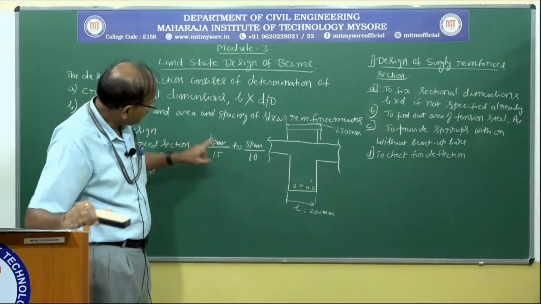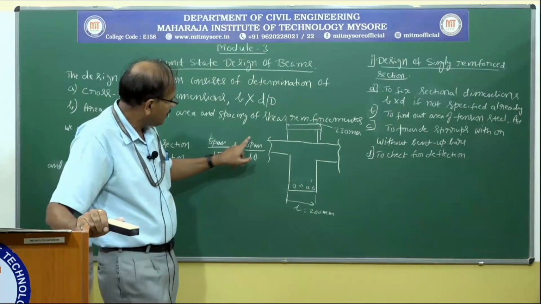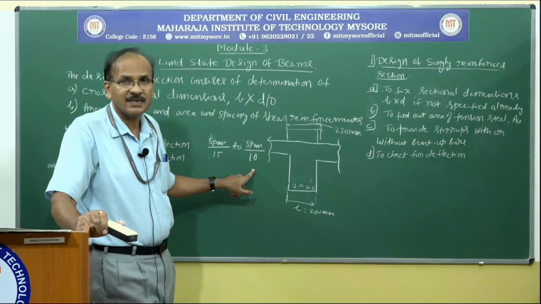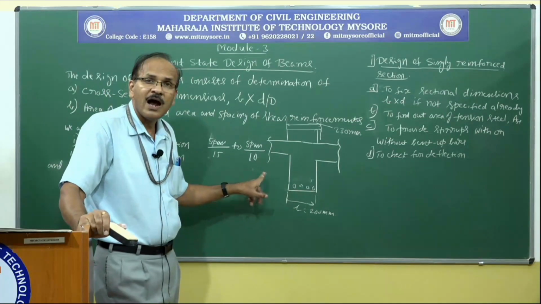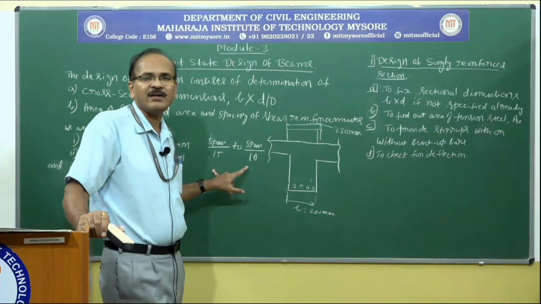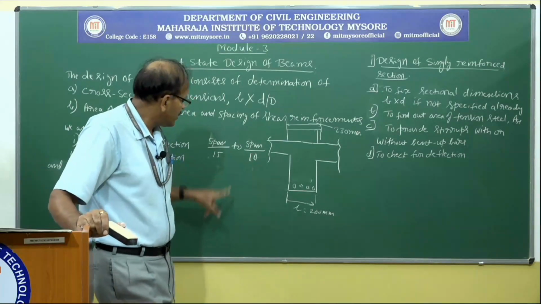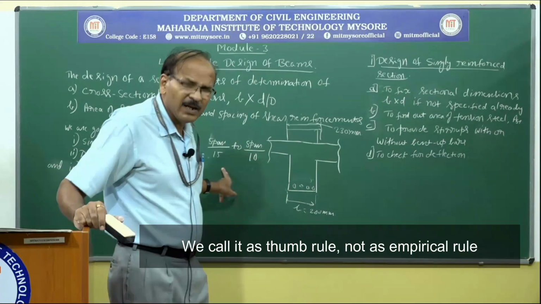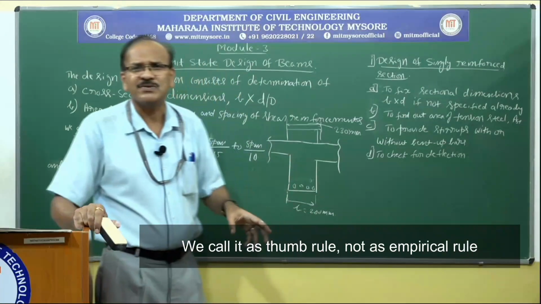By knowing the span, divide it by 15, and divide that value by 10. You will have two values, and select an effective depth somewhere in between these two values. This empirical rule is based on experience.